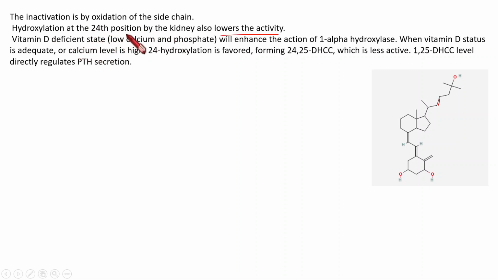That happens when the vitamin D status is adequate, when there is enough vitamin D or calcium. Then, instead of hydroxylating the first carbon, the 24th carbon gets hydroxylated and forms 24,25 DHCC, which is a less active form. So here the hydroxylation site is changed in response to calcium level, and by that way a less active vitamin D is formed. That is another means of regulation.